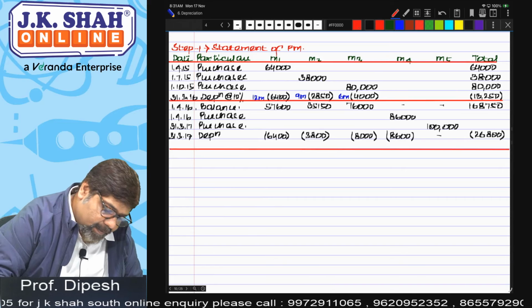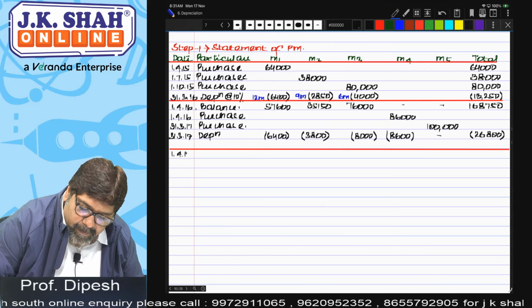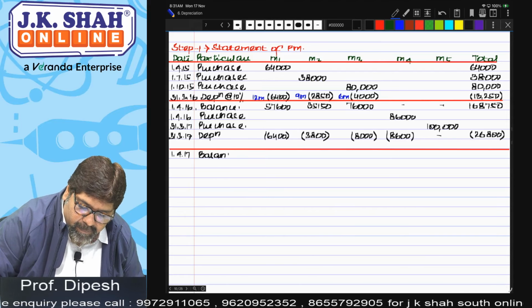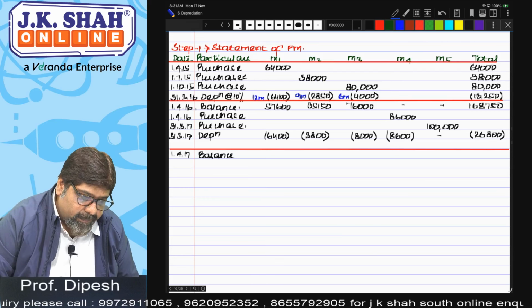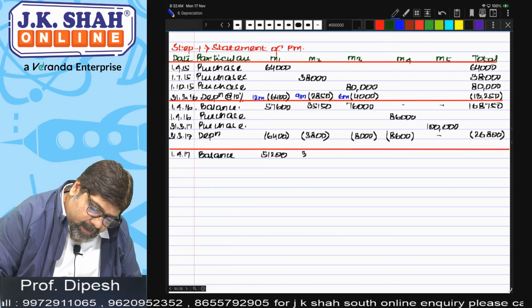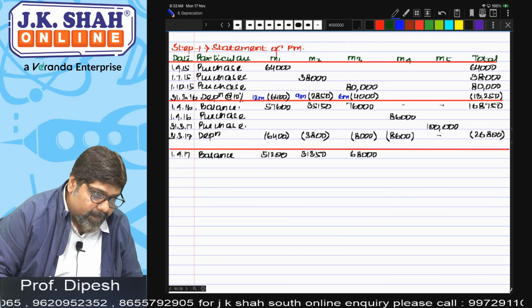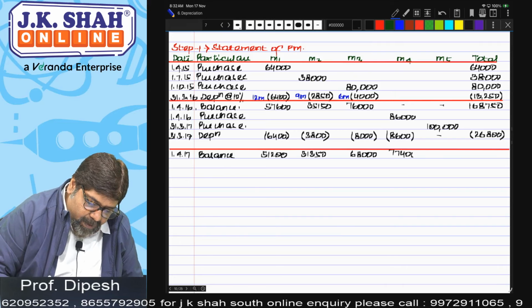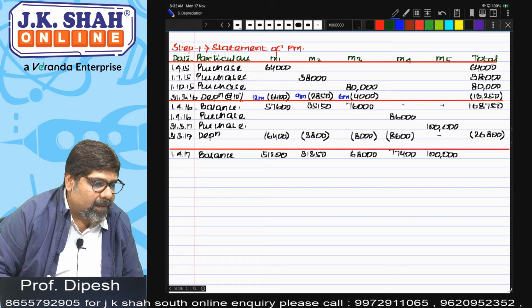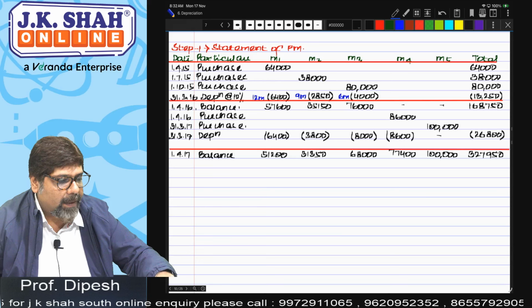Now, chartered, 1/4/17 balance. How much? 51,200, then 31,350, 68,000, 77,400, 1 lakh, and total 327,950.